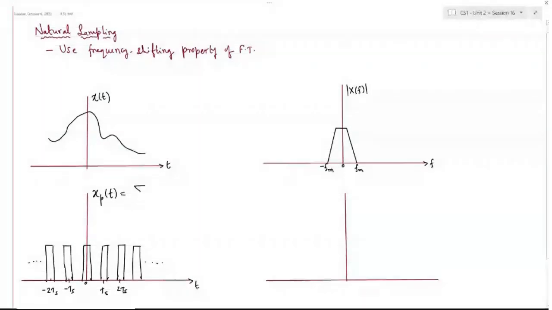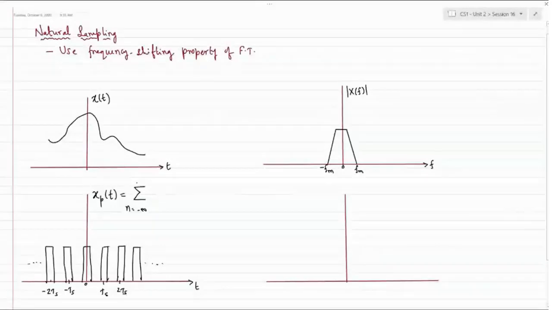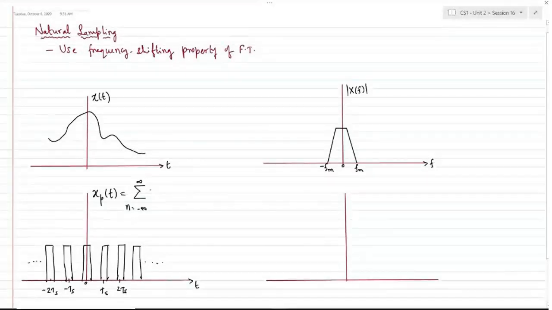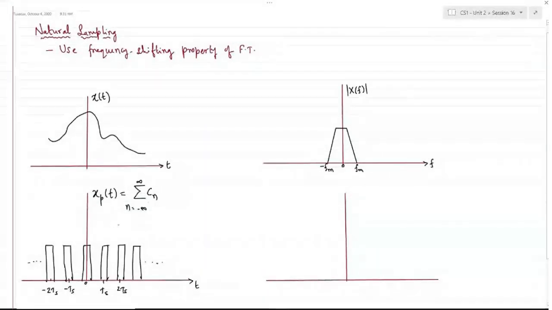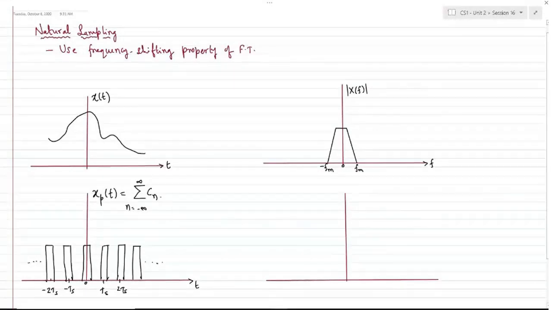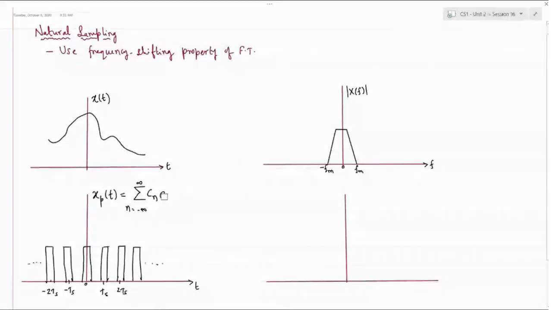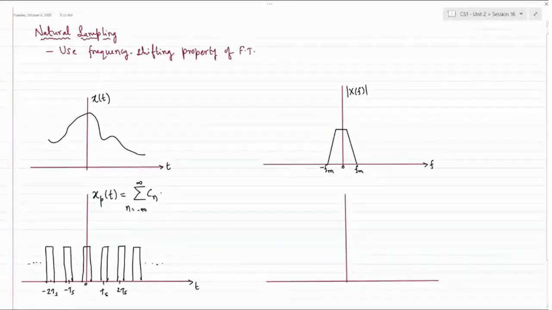As you know, the Fourier series representation of this runs from minus infinity to infinity. Since it's symmetric, you will not have an and bn terms. There will only be a cn term, because the function I have taken has even symmetry.